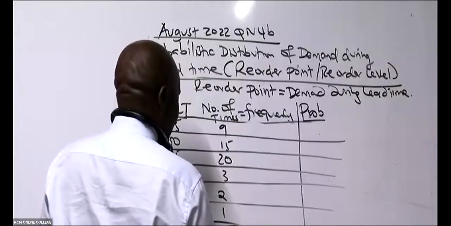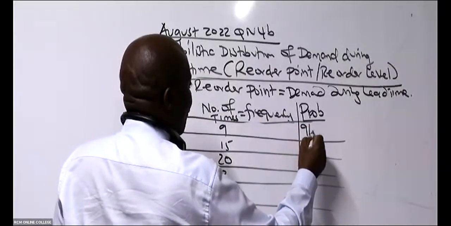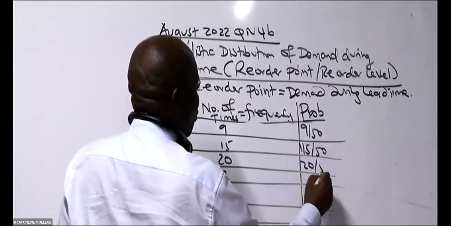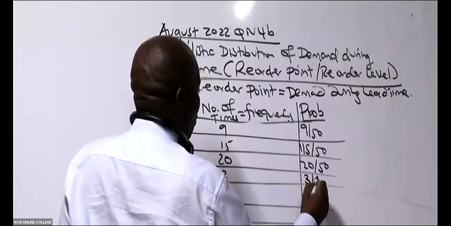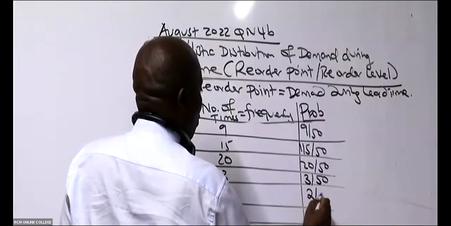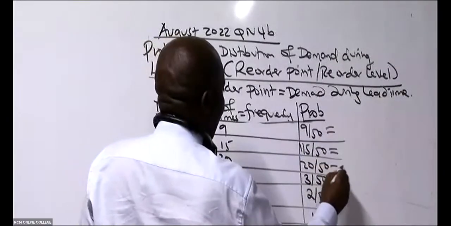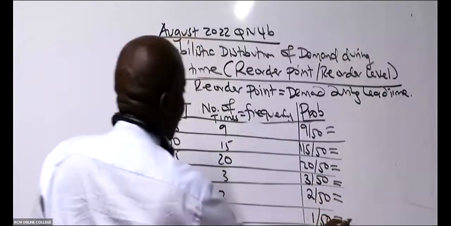So like now this will be 9 over 50, 15 over 50, 20 over 50, 3 over 50, 2 over 50, 1 over 50, which will end up giving us what figure?